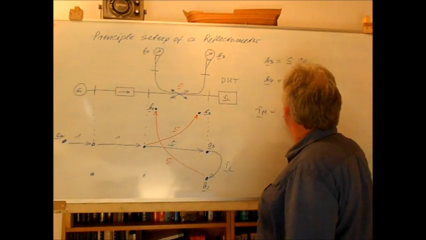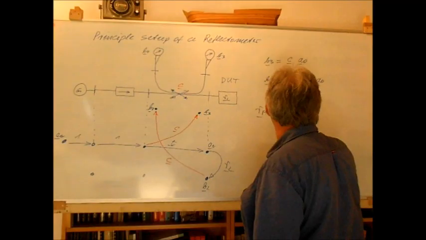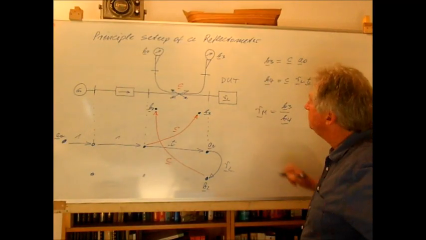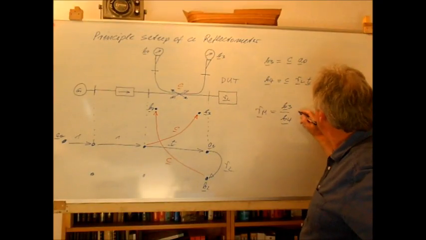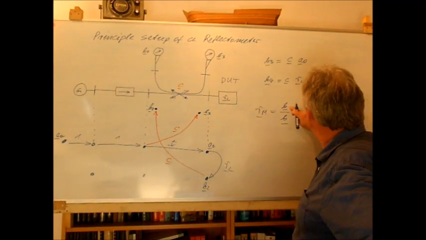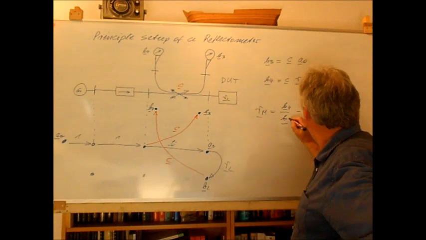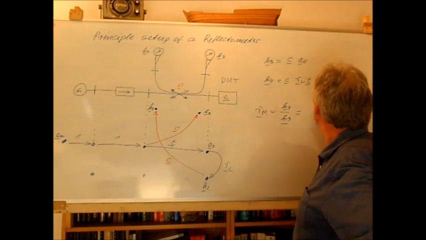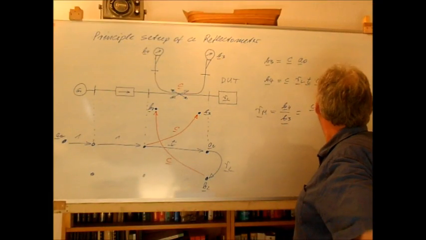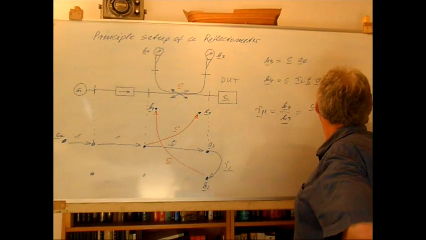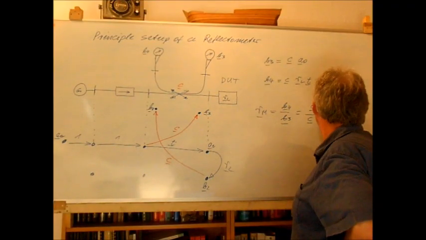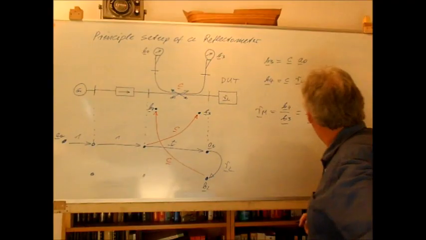I will define this as, oh sorry, B4 over B3, and this will be C times T times RL times A0 divided by C times A0.